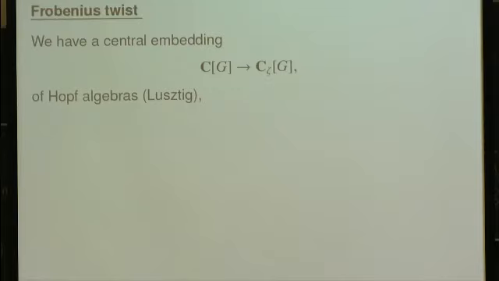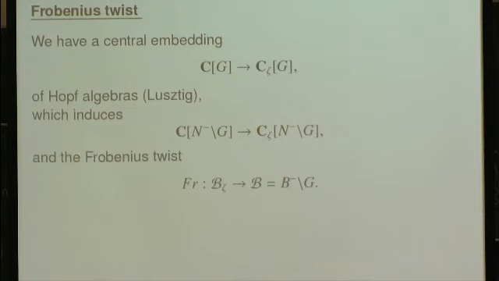And so correspondingly, we have an embedding of this one. So this is a commutative ring, this is a non-commutative ring, but we have an embedding. And so from this, we can define a Frobenius twist. B zeta is a non-commutative projective scheme, but this B is an ordinary scheme, a commutative ordinary scheme, G over B minus.